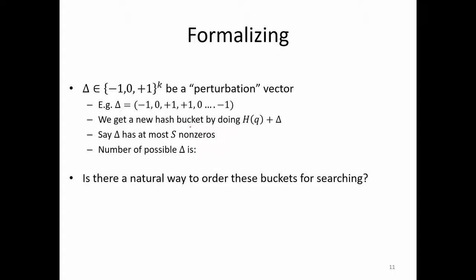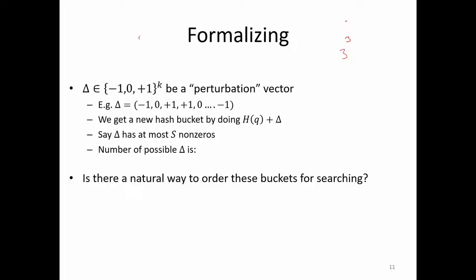So you can see, for k equal to 3, for example, each coordinate could be -1, 0, or +1. So it will be 3 to the power 3 different probing buckets.